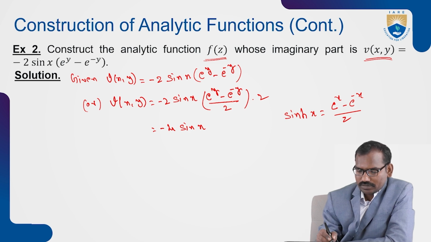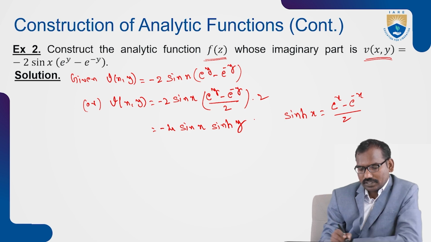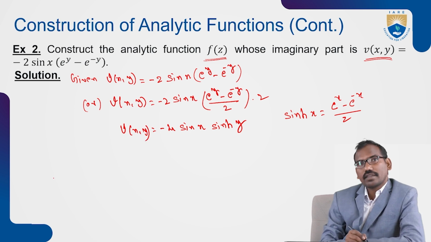Similarly, it is the exponential function in terms of y. So now I can write it as sin hyperbolic y. This is our v of x comma y.